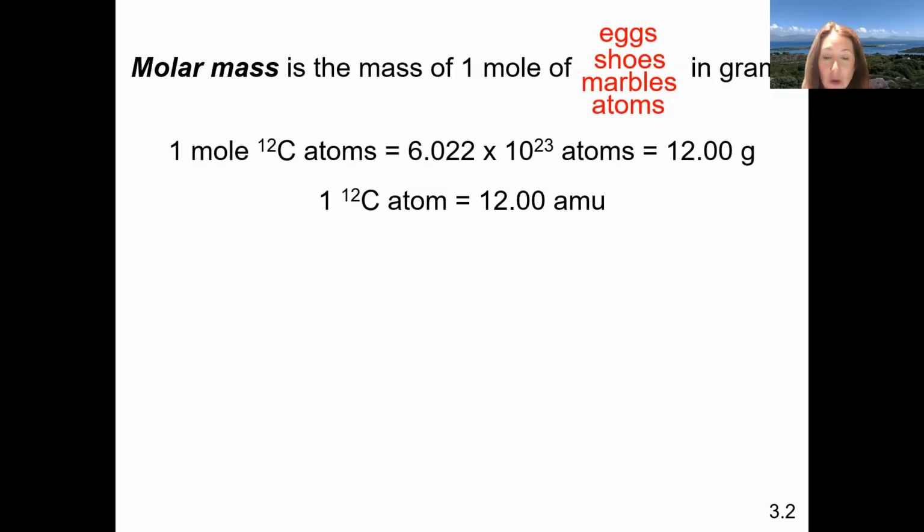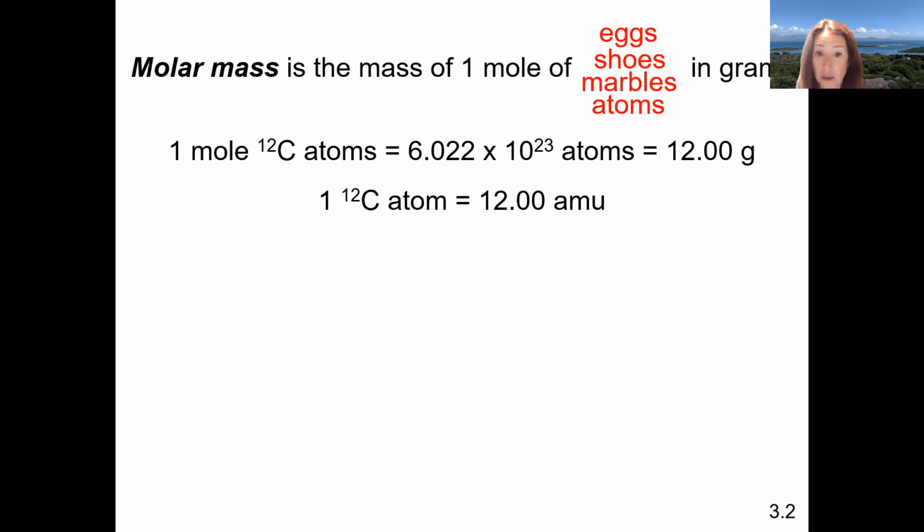If you have 6.02 times 10 to the 23rd of something and you put it on a scale, that's what we call the molar mass, because it's the mass of a mole, hence molar mass.